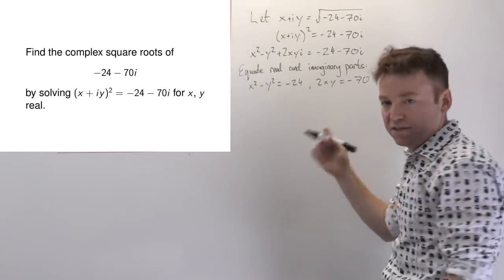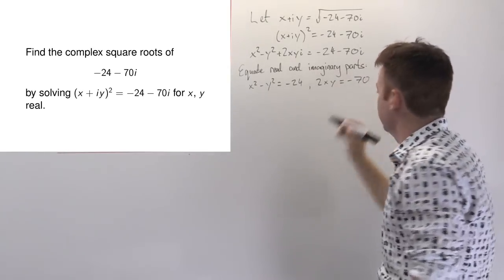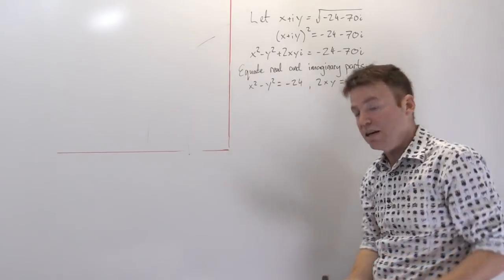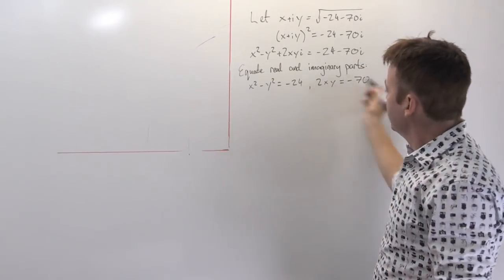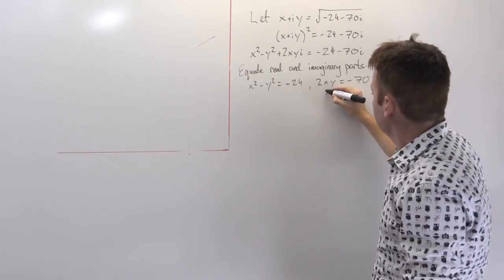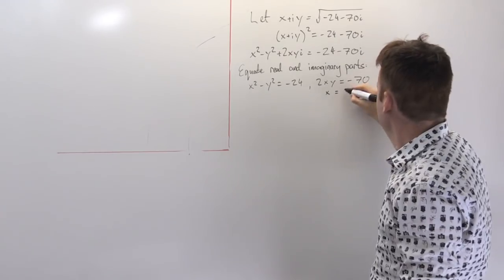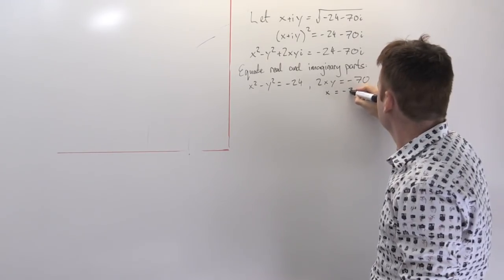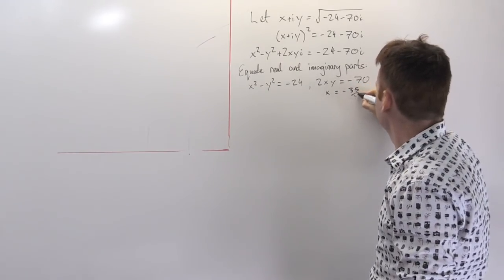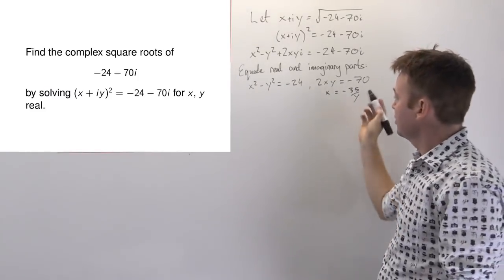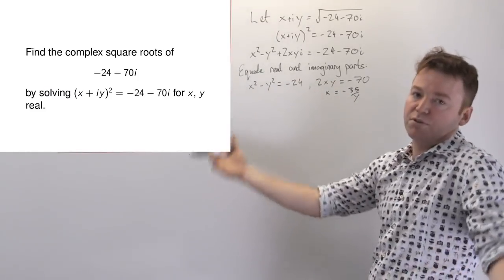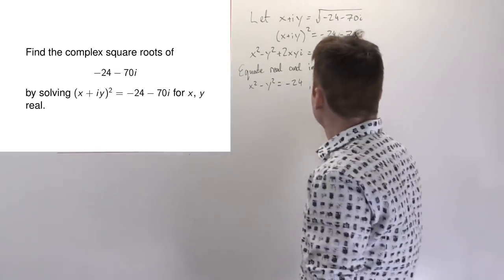Notice the imaginary part does not include the i. The imaginary part is the coefficient of i. I can neaten this up some. That's going to give me x. Well, at least I can do it this way. x is going to be negative 35 over y. And I could sub that into here. It's two equations, two unknowns. This should work out, right?